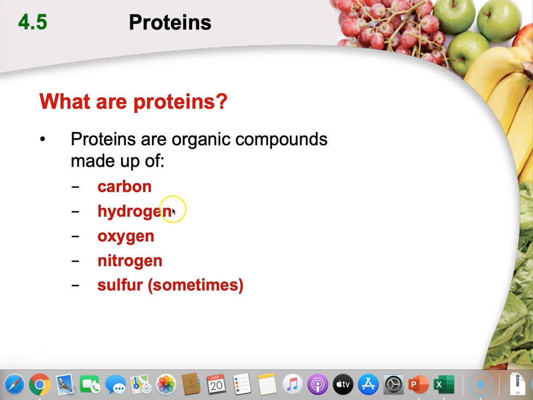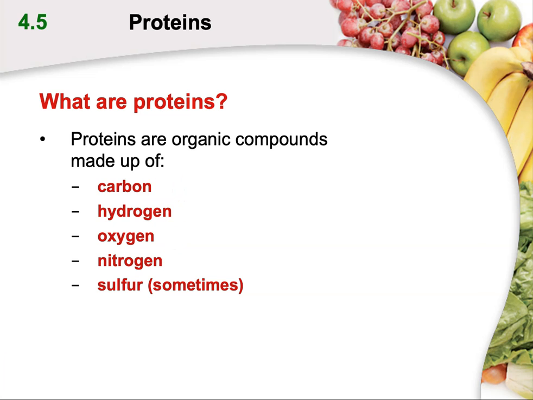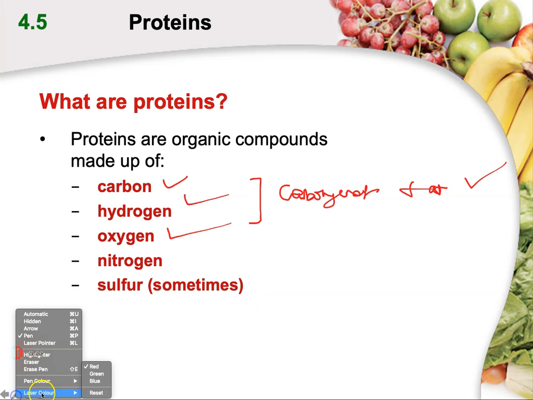Very good. If you told me that you notice that carbon, hydrogen, and oxygen are also present in carbohydrates as well as fats, you are right. But do you also notice something that is very different?